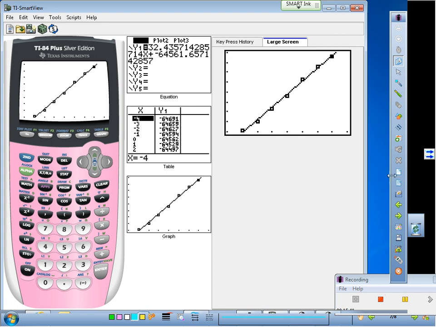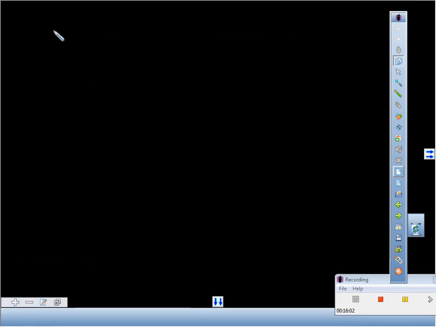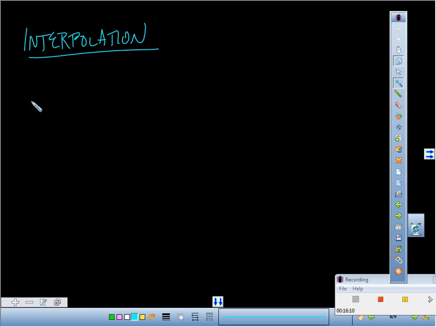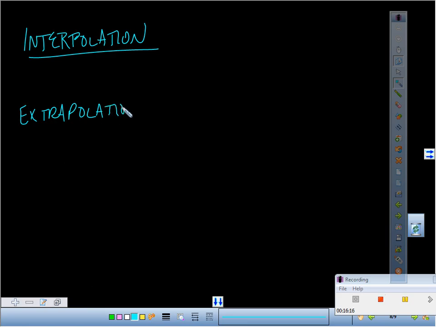Alright, so one more little note. Do you know the difference between interpolation and extrapolation? Okay?